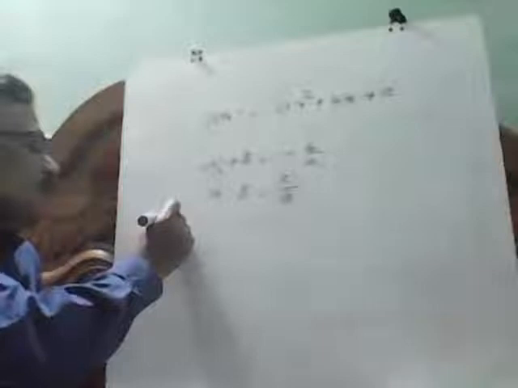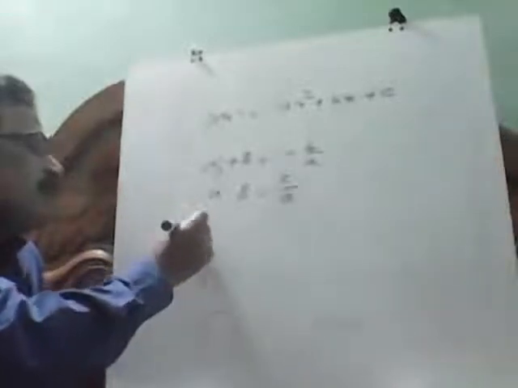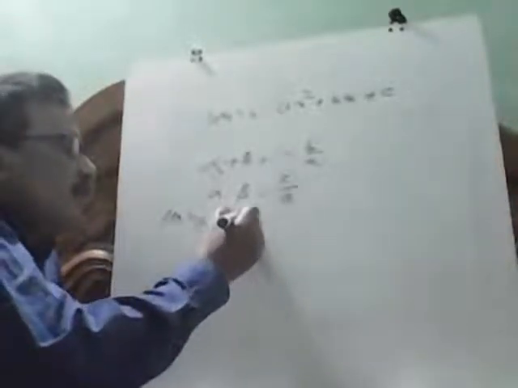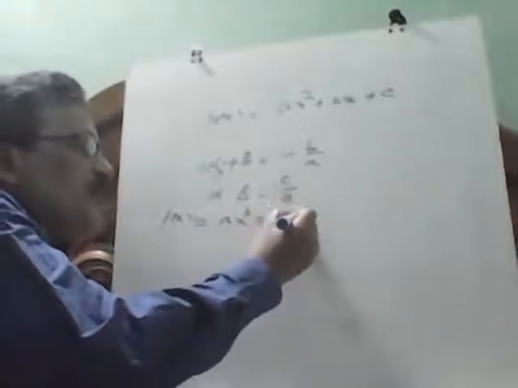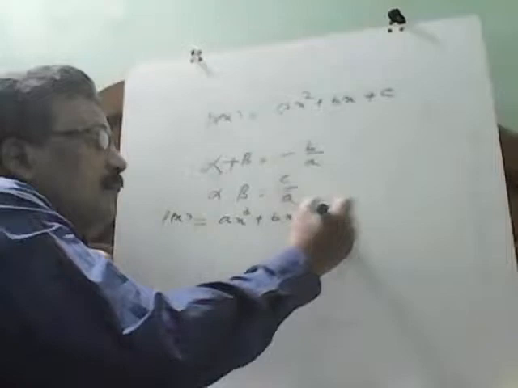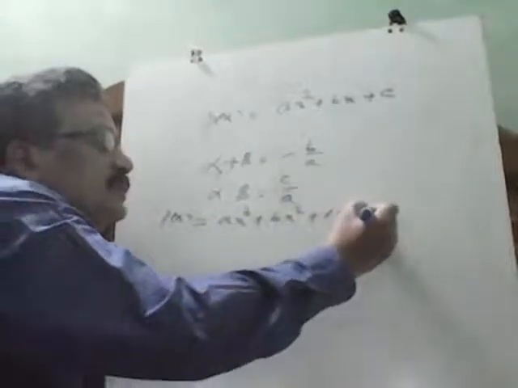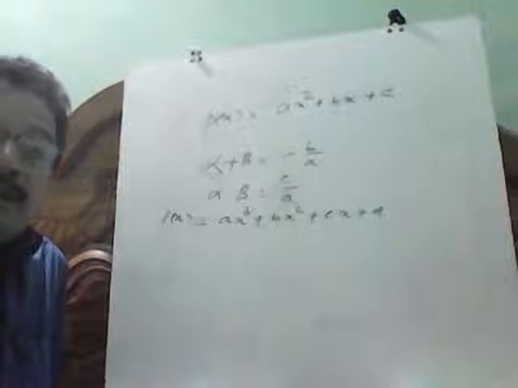Now I will proceed to the cubic polynomial. p(x) is a cubic polynomial: ax cube plus bx square plus cx plus d.